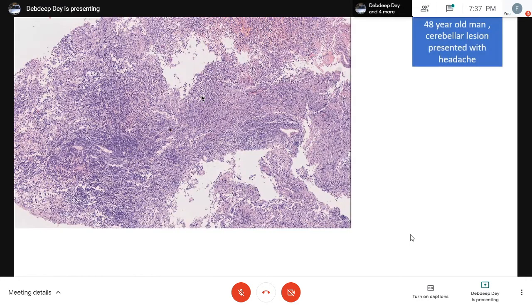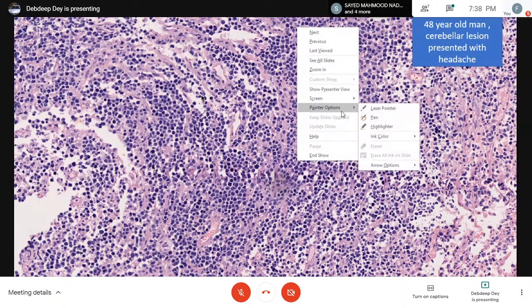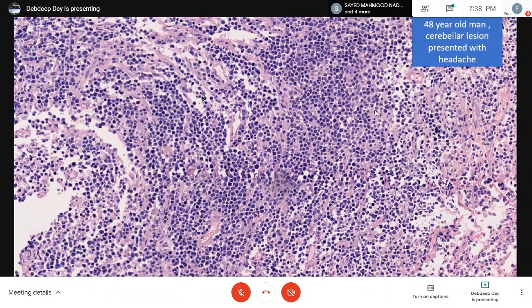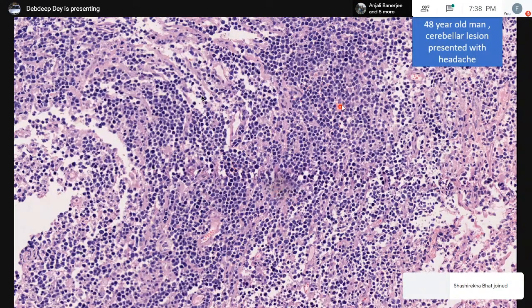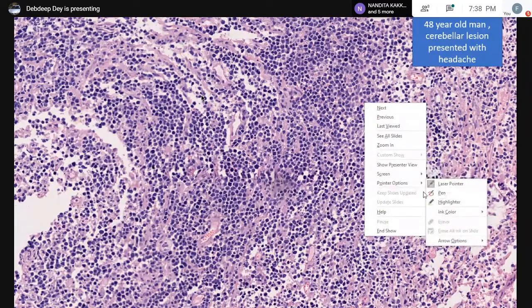This is a case of a 48-year-old man who presented with a headache and a cerebral lesion. As you can see, sheets of lymphoid cells, and at high power, these cells have lymphoblast-like morphology with very scanty cytoplasm, as well as a high NC ratio and a lot of mitotic figures.